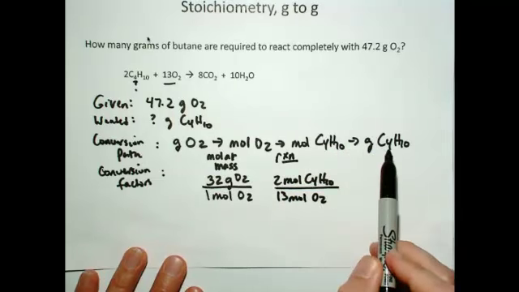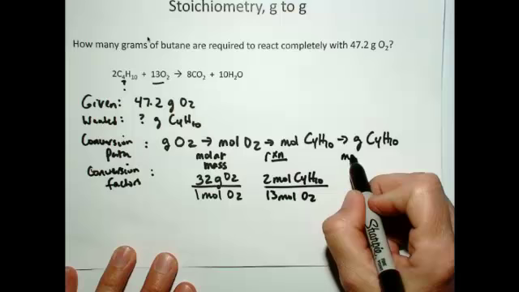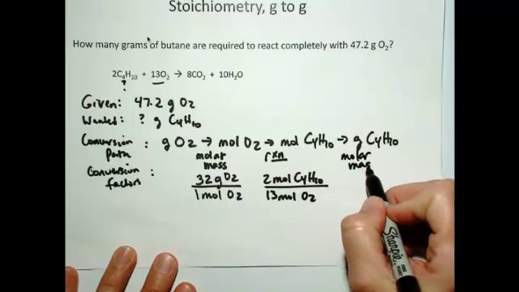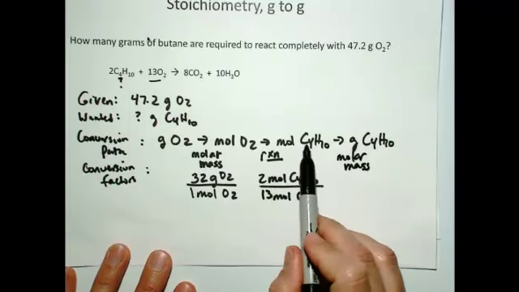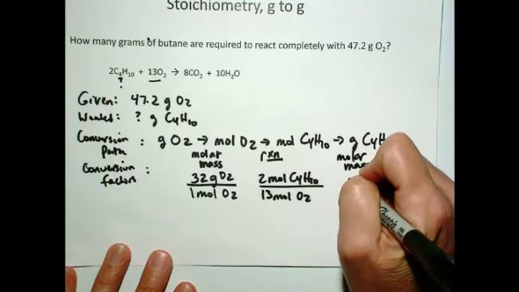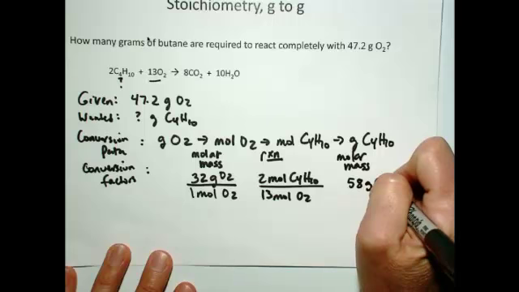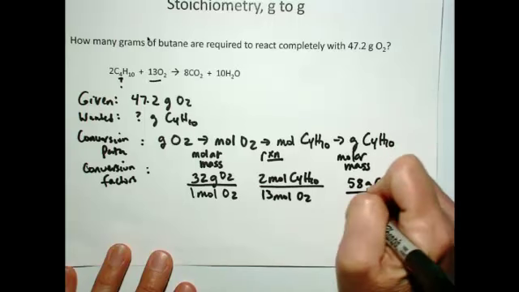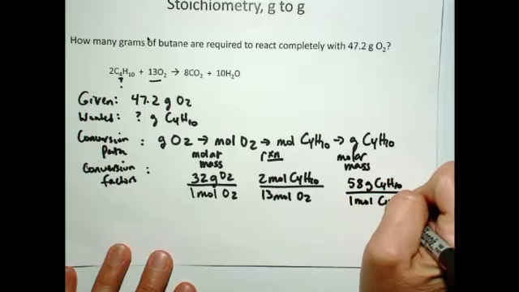And then we want to get back to grams of butane, so you're going to use the molar mass of butane to get back, and you just have to add that up. 4 times 12 plus 10 times 1 is equal to 58 grams of butane per every 1 mole of butane. That's the molar mass of butane.